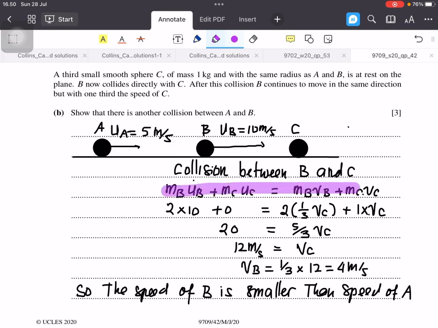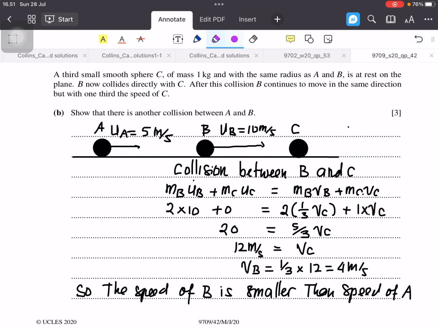Now using the same momentum conservation between B and C, the equation will be 2 times 10 plus 0 is equal to 2 times VB, where VB is 1/3 of VC, so I can write 2 times 1/3 times VC, plus 1 times VC.